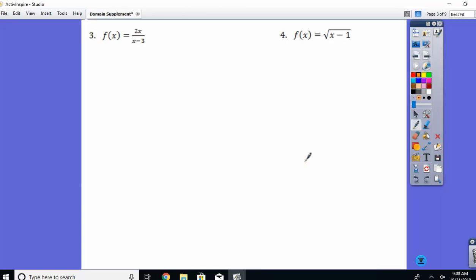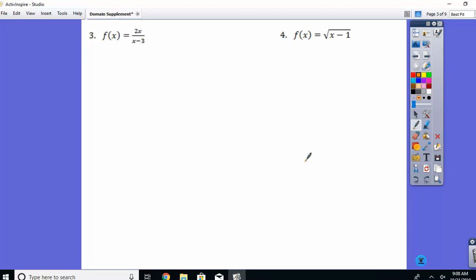2x over x minus 3. So it has a fraction, which automatically tells me what?